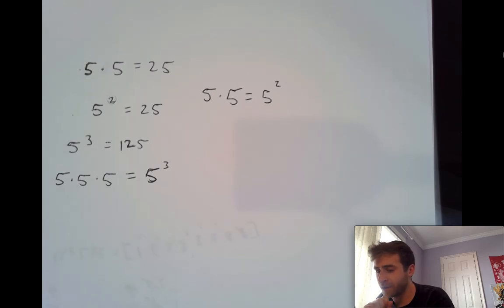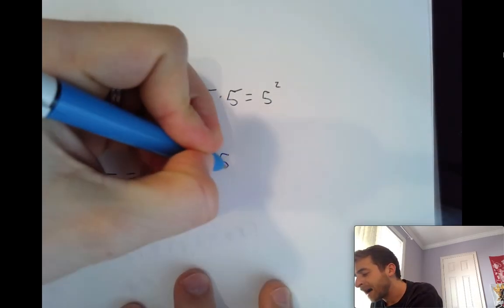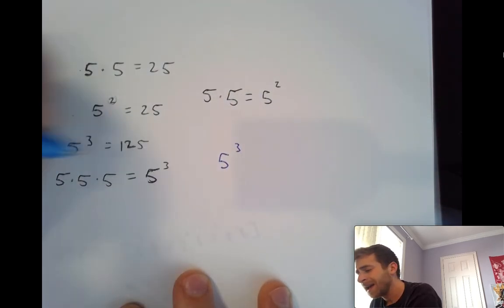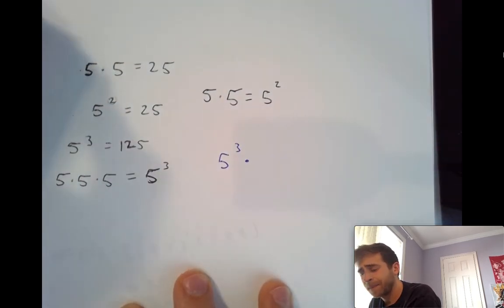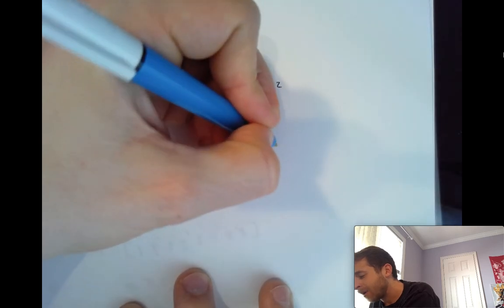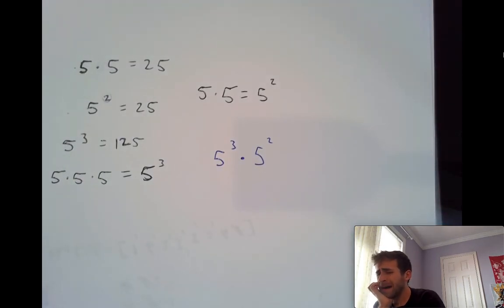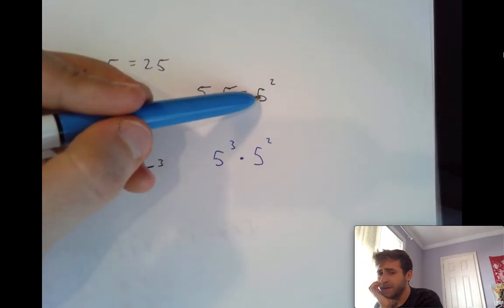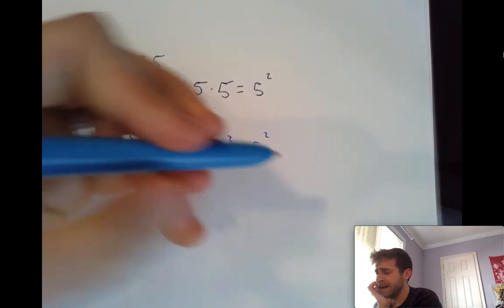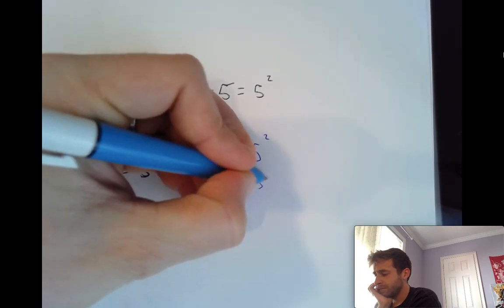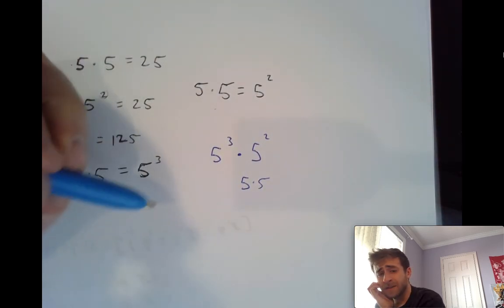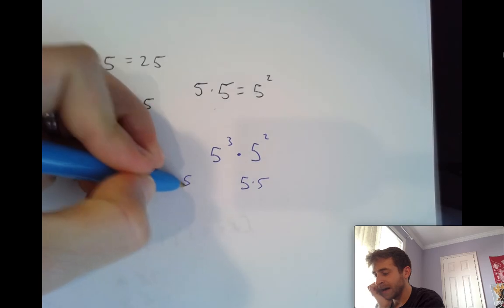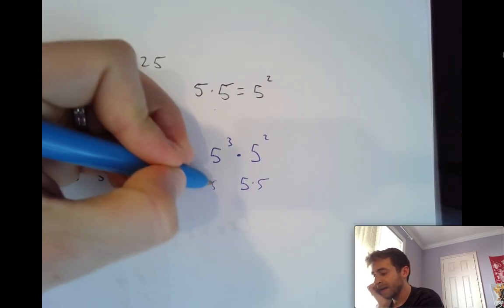So now we get to the question, and this is the part that I want to make sure we're set with: if I take 5 to the power of 3 and I multiply that by 5 to the power of 2, what happens there? Well, I know that 5 to the power of 2 is just 5 times 5, and 5 to the power of 3 is really just 5 times 5 times 5.